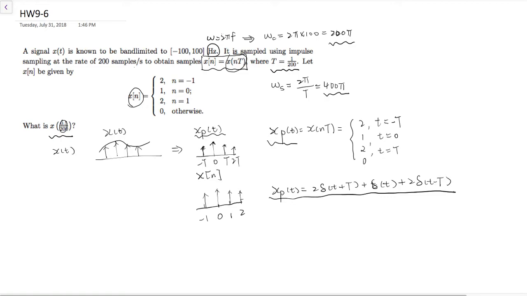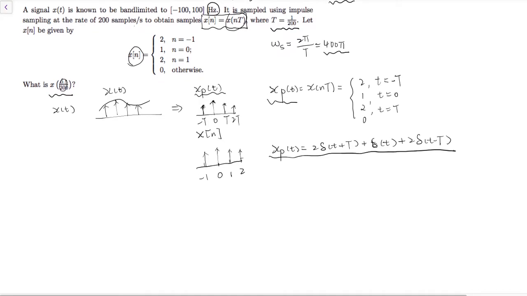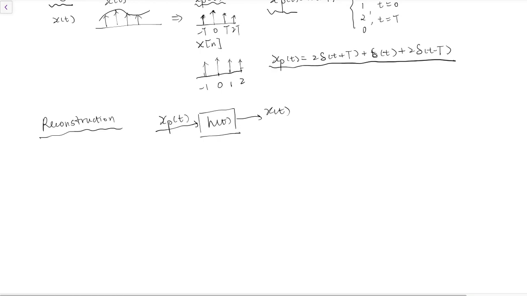To know what x(t) is, we have to do the reconstruction process. Recall what we learned from the reconstruction process. So we have the signal. We pass it through a low-pass filter and we get our original signal. Remember what we learned?